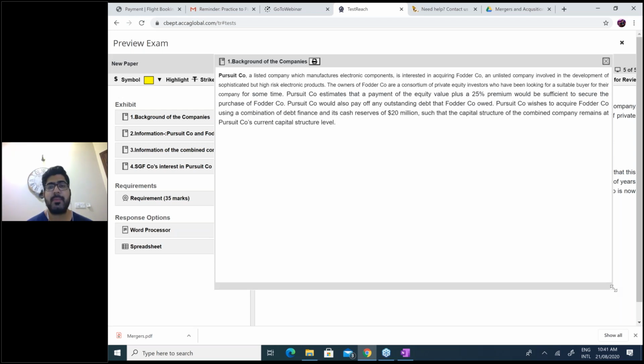Pursuit estimates that the payment of equity value plus 25% premium would be sufficient to secure the purchase of Further. Pursuit would also pay off any outstanding debt that Further owed. Pursuit wishes to acquire Further using a combination of debt finance and cash reserves of 20 million, such that the capital structure of the combined company remains at Pursuit's current capital structure level.